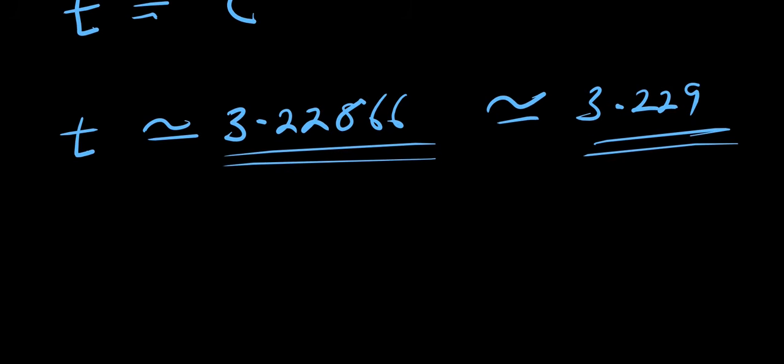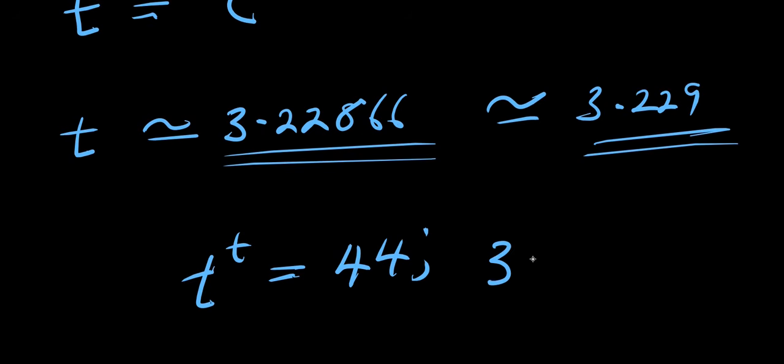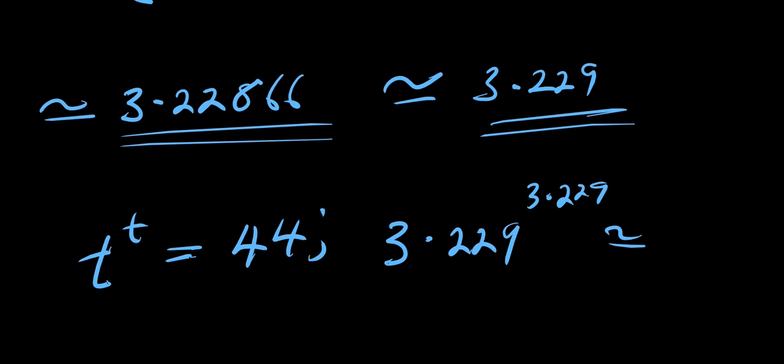So t power t equals 44 is the same thing as having 3.229 power 3.229 will give you approximate value of 44.